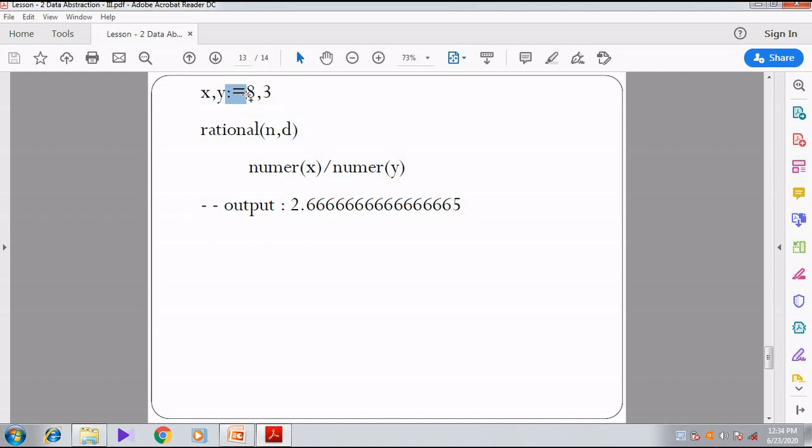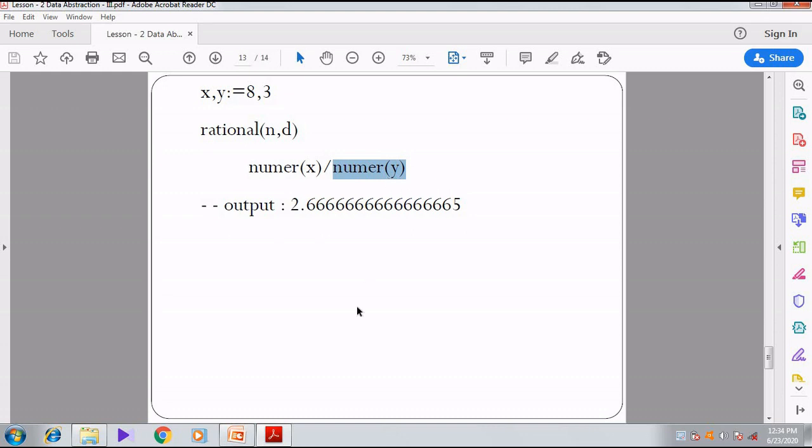Then what about the next? Rational, here rational is the constructor function (n, d), numerator, denominator. Now what I am doing? Numerator of x divided by denominator of y. So I am just dividing. Numerator of x is the selector function, and denominator of y is the selector function.